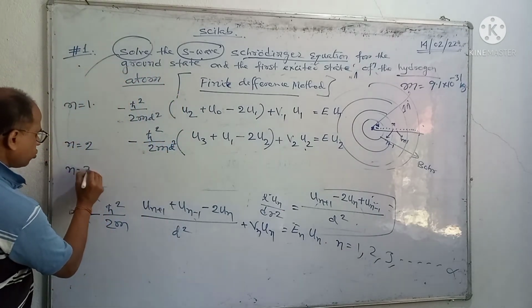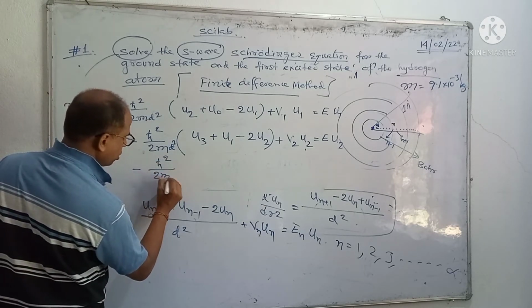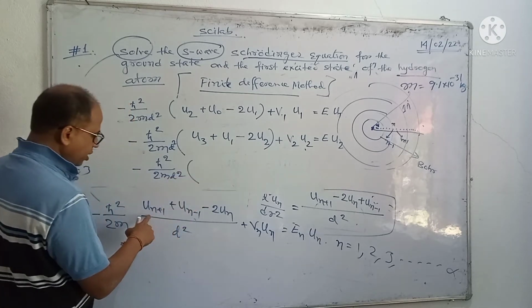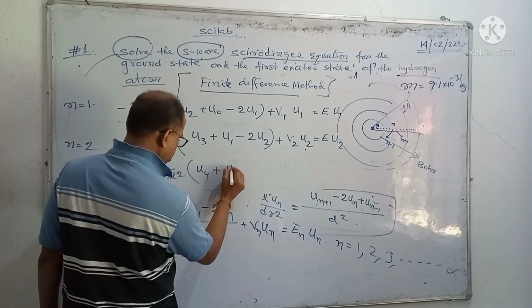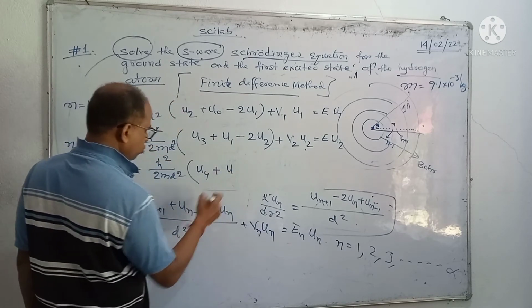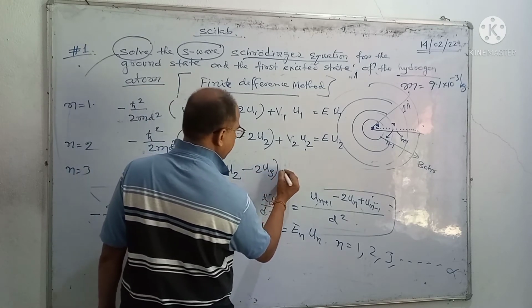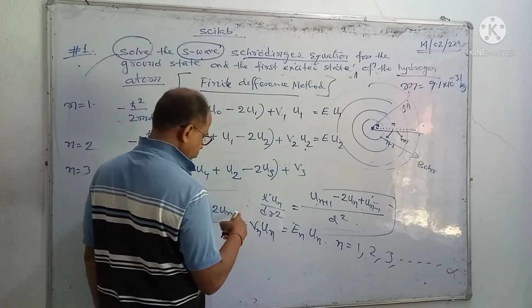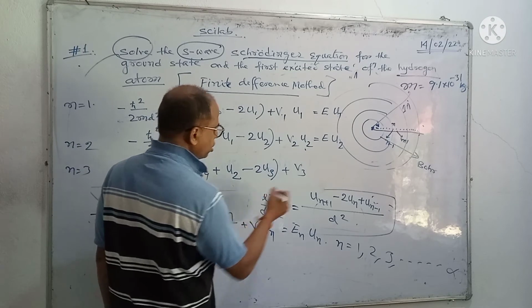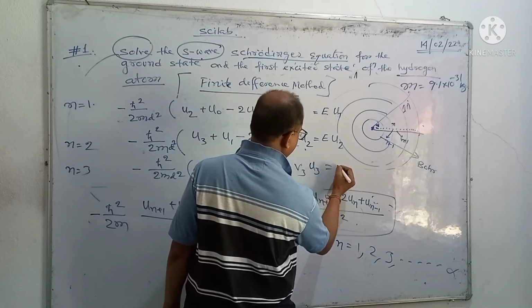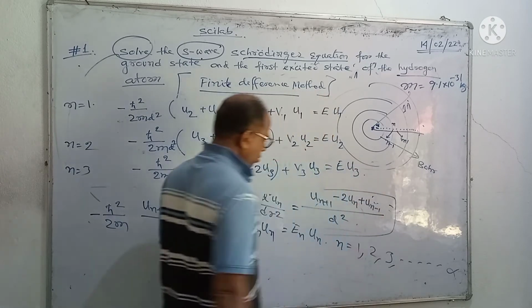Next, n is equal to 3: minus h cut square by 2m d square, 3 means u4 plus u2 minus 2u3, plus V3 into u3 is equal to E into u3.